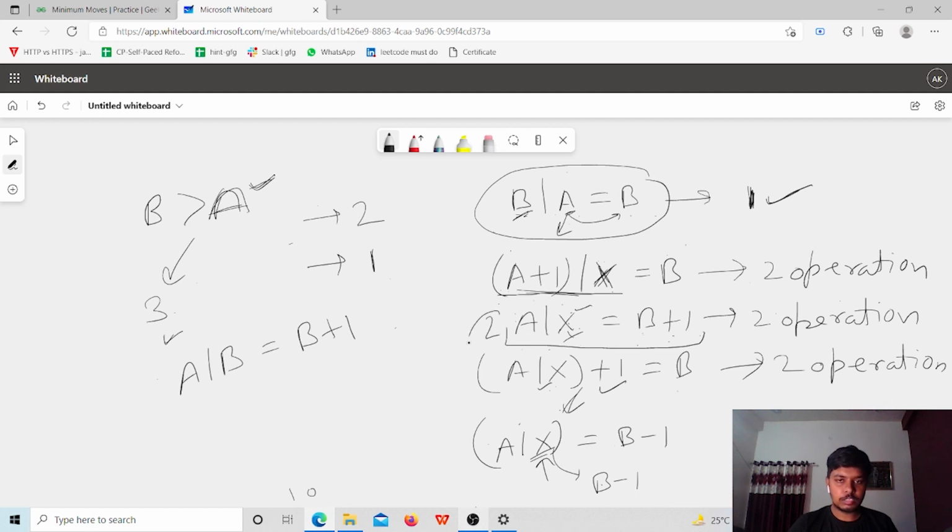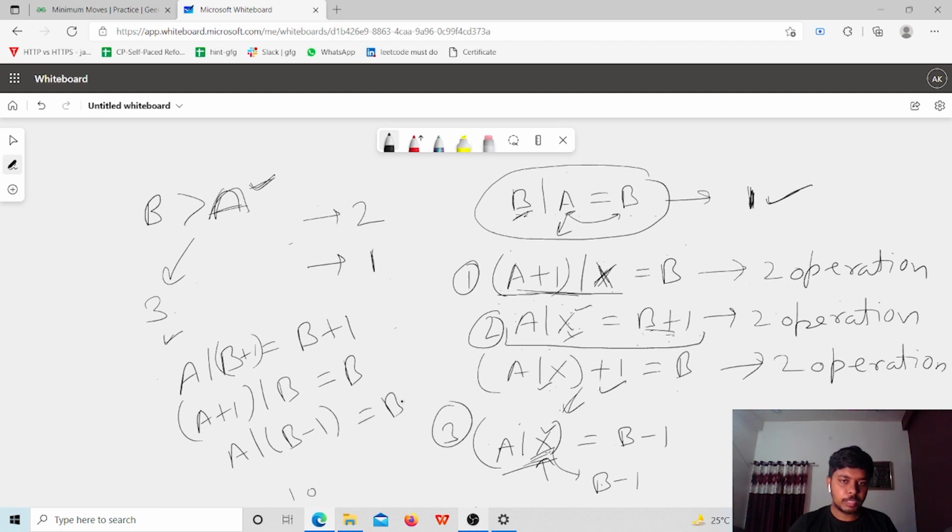This was the second equation, this is the first equation, and this is the third equation. So we can convert these also. Similarly, if A plus 1 OR B is equal to B, then we can also say it will require two operations, and here we can put B minus 1. Sorry, here we will be putting B plus 1, right? So this will be B plus 1. Now here, in the place of X we can put B minus 1.